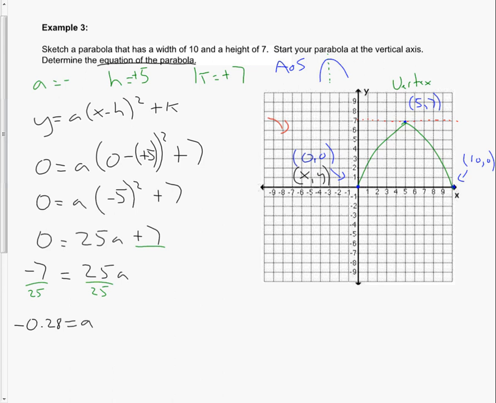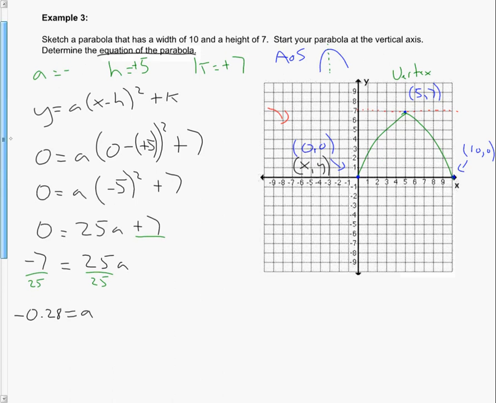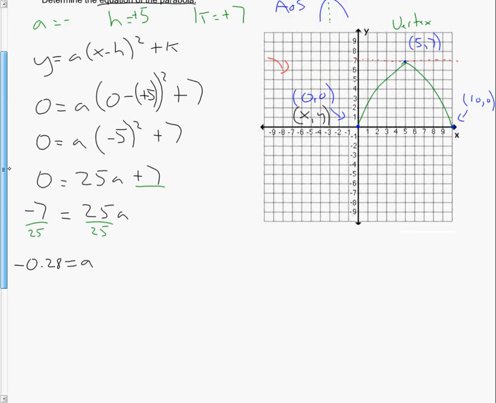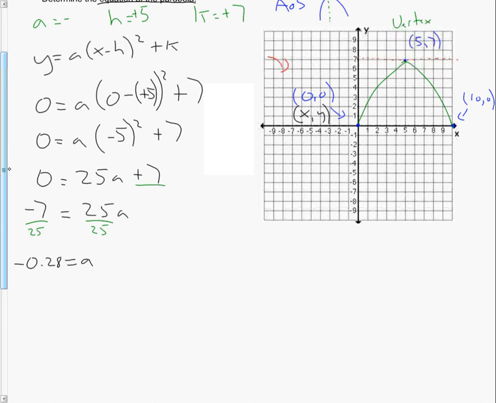what the equation of the parabola is. So therefore, now that I have my a, h, and k value, my equation of the parabola is going to be y is equal to negative 0.28 times (x minus 5) squared plus 7.